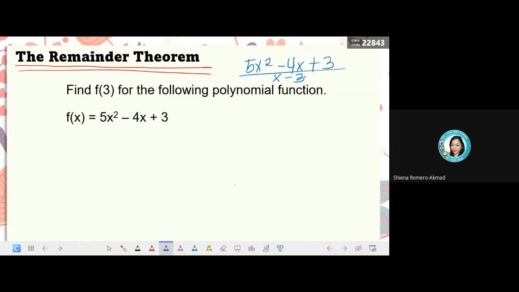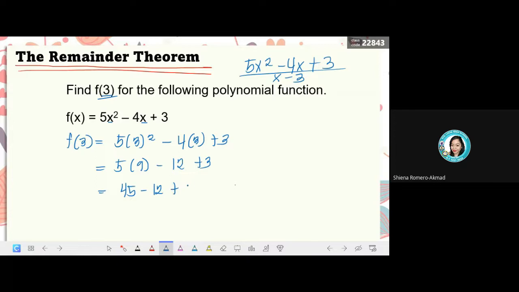Kinuha natin yung value ng x, naging 3. And ang gagawin lang natin dyan is we will substitute that to the variable x. Okay? So, f of 3 is equal to 5 times 3 squared minus 4 times 3 plus 3. So, 3 squared is 9. So, 5 times 9 minus 4 times 3 is 12. We have here 12 plus 3. 5 times 9 is 45 minus 12 plus 3.